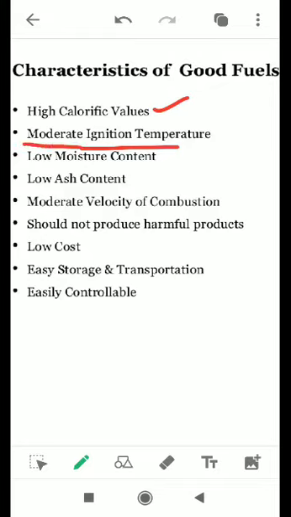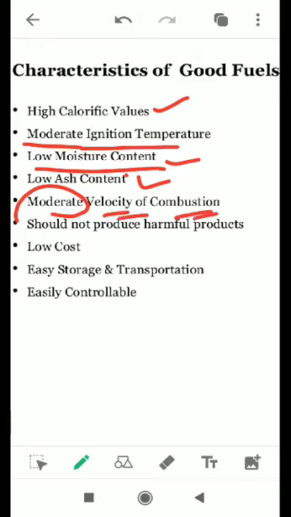Low moisture content. It should not contain moisture. If the moisture content is high, then the fuel is not considered a good fuel. It should also have low ash content. Moderate velocity of combustion.